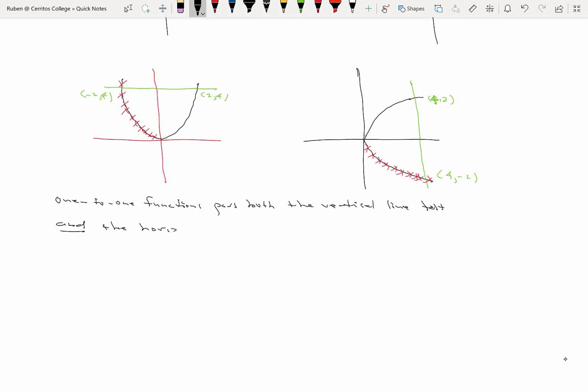An additional test, the horizontal line test. If a function is one-to-one, then and only then will it have an inverse. Okay, so if you have a function that passes both the horizontal and vertical line tests, then the function is one-to-one, and only one-to-one functions have inverses.